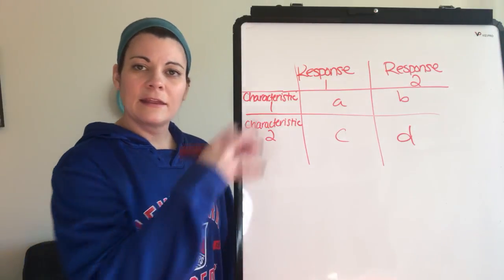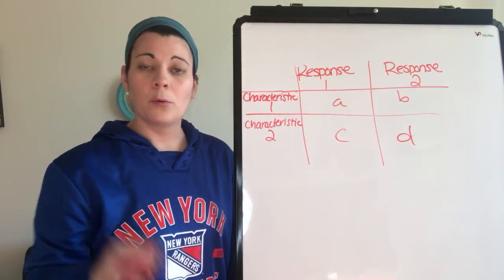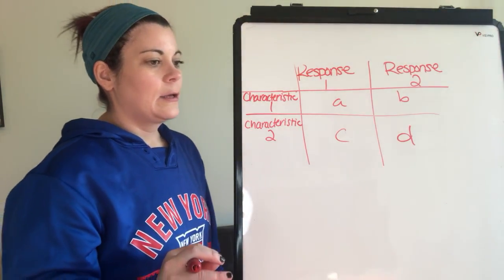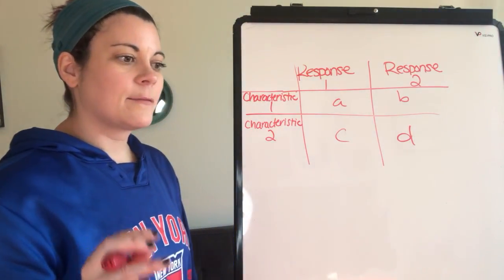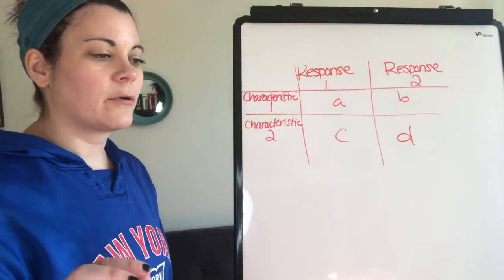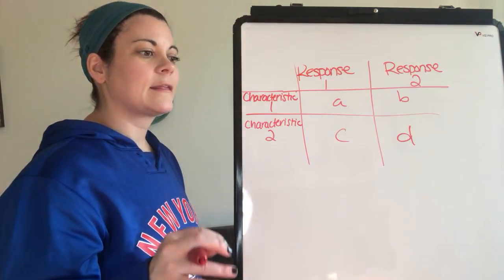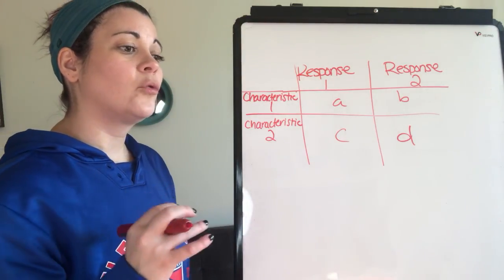This is just a general two-way frequency table. We'll look at a specific one later. Marginal frequencies are the total number of times a response was given or the total number of respondents with a given characteristic. So this is the sum of either a row or a column in a two-way frequency table.